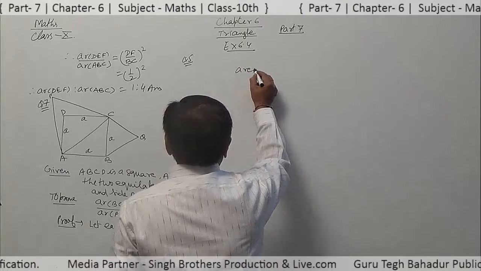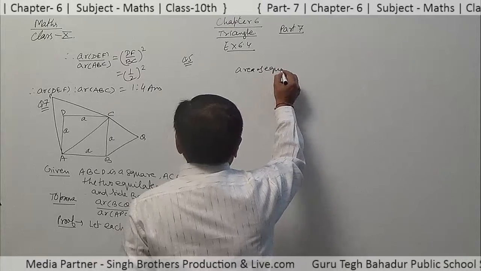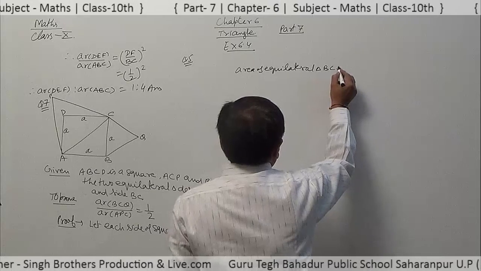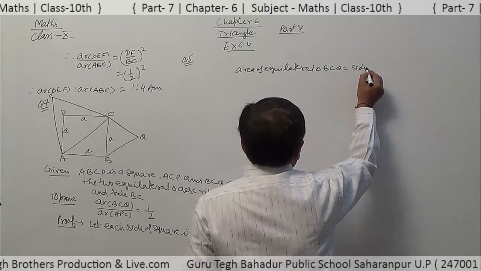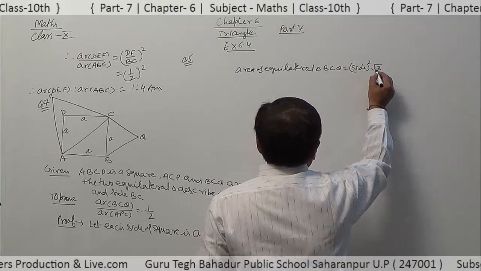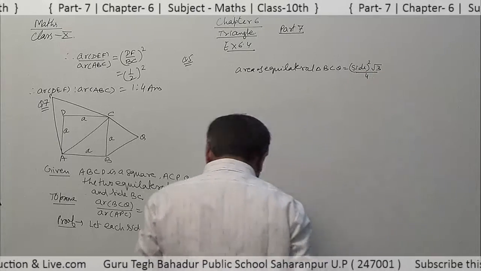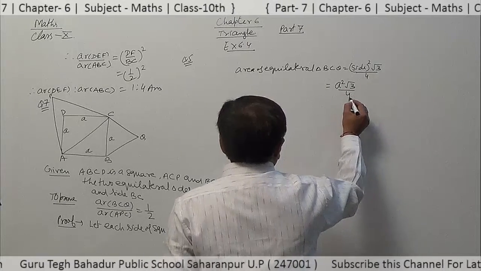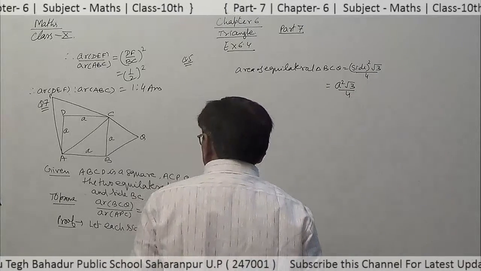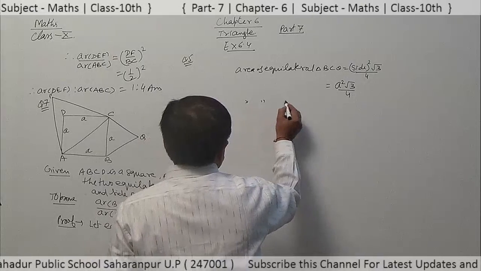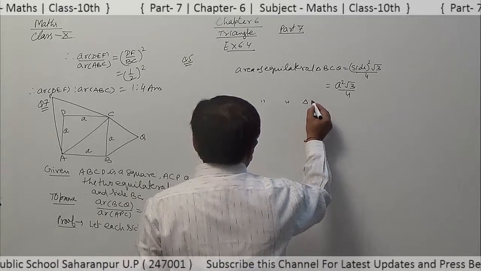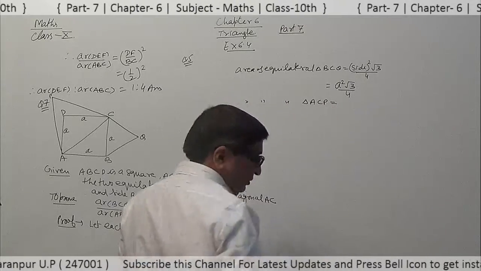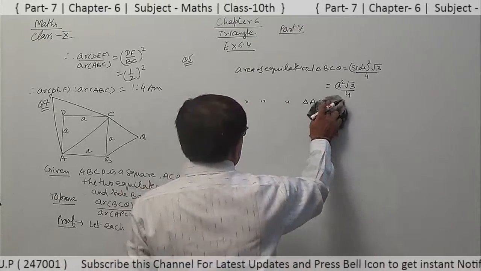Area of equilateral triangle BCQ is side squared root 3 upon 4, that is equal to a squared root 3 upon 4. Area of equilateral triangle ACP: first of all find the diagonal AC.